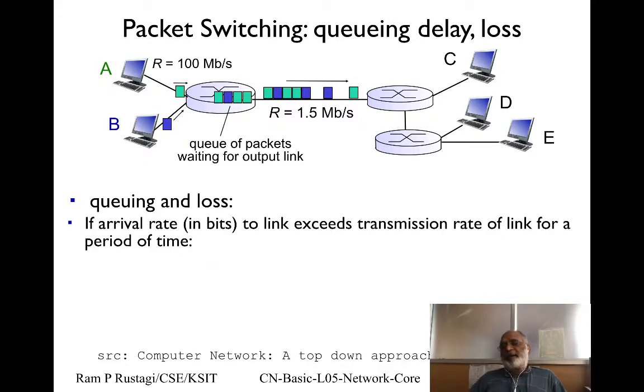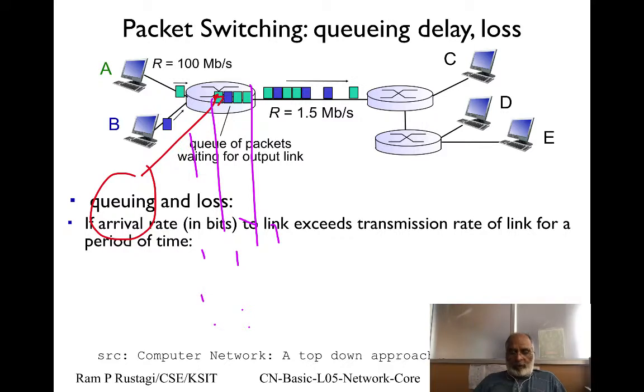The moment a packet is dropped, we say packet loss has occurred, and when the packet gets queued in the buffer, we say queuing has occurred. So queuing is packets being queued into the buffer, and packet loss is when packets get dropped.